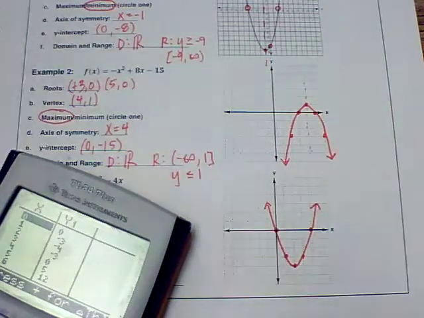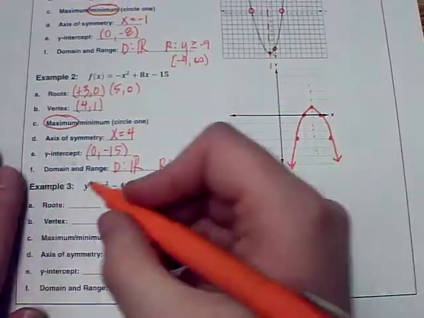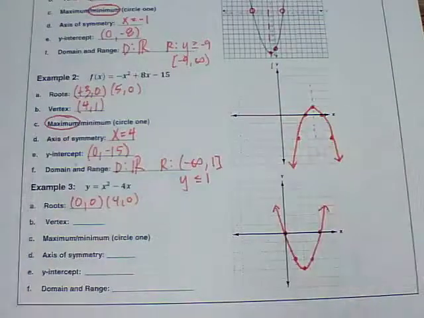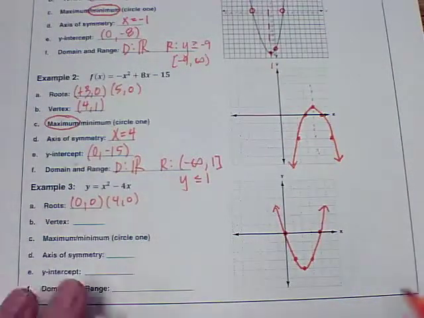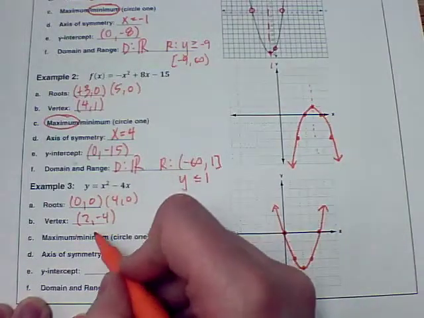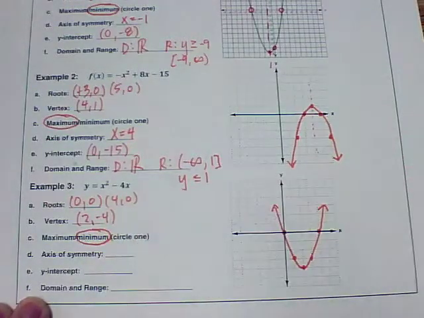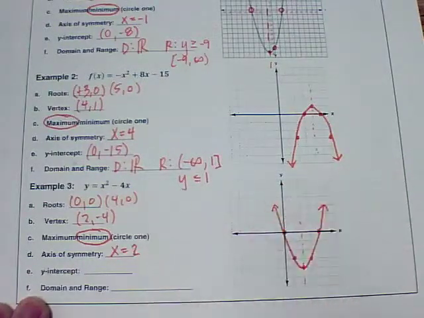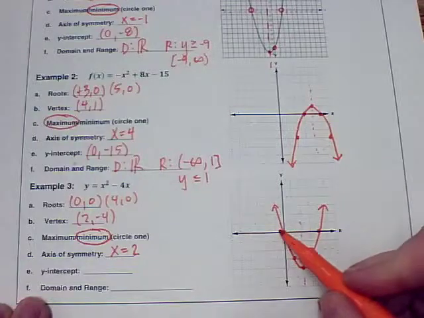You got this parabola. So your roots are at 0, 0 and at 4, 0. Your vertex is at 2, -4. It is the lowest point, so it's a minimum. Your axis of symmetry goes through that, so that's at x equals 2. Your y-intercept is also at 0, 0.